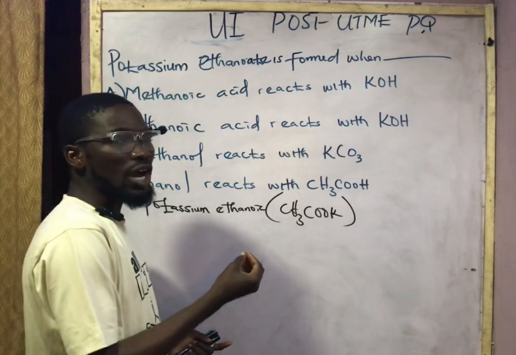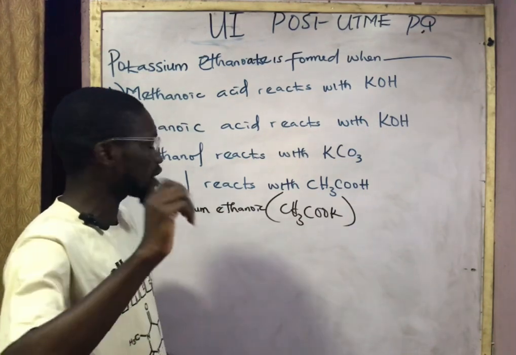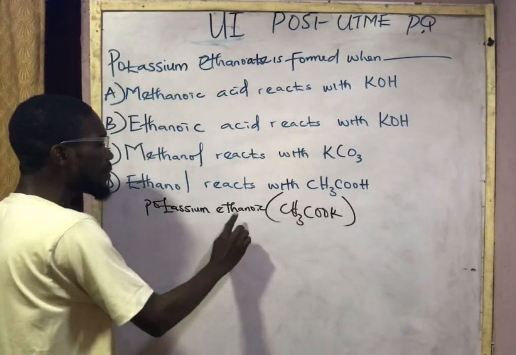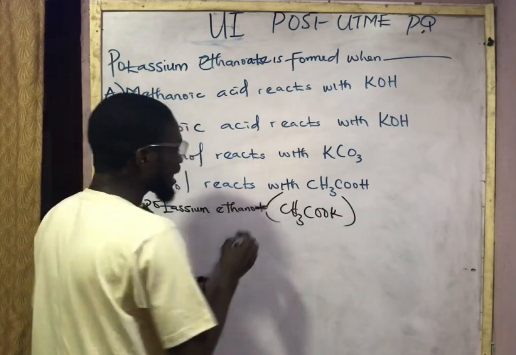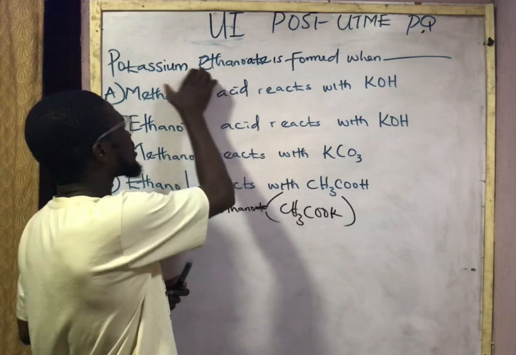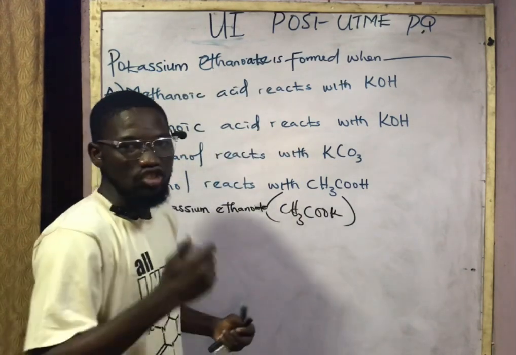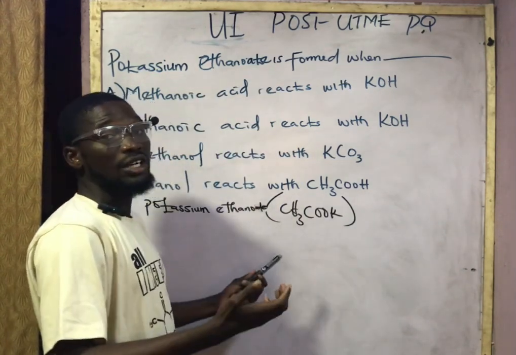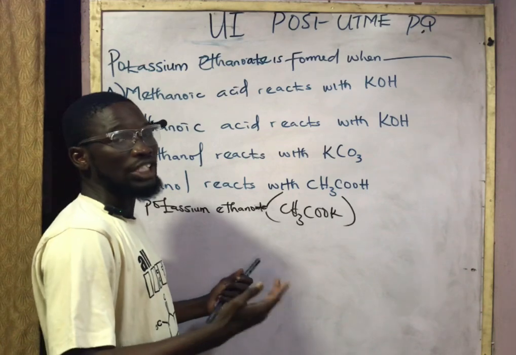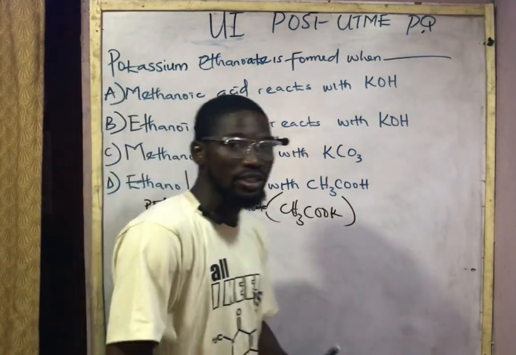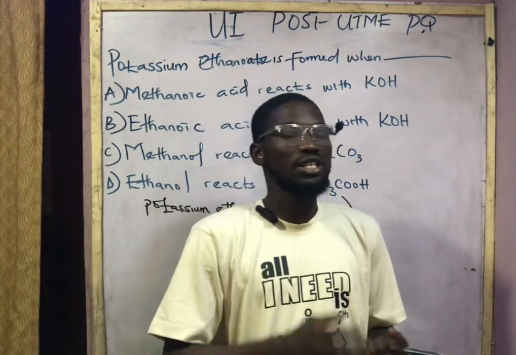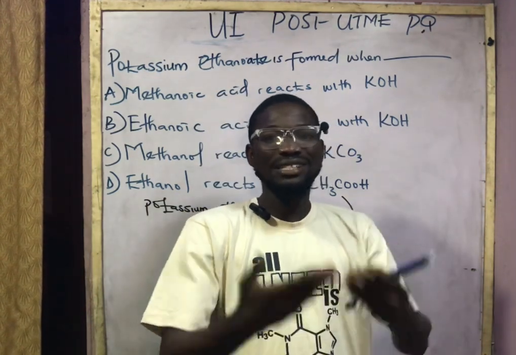Now, how do we solve this kind of question? Note one thing: potassium ethanoate is this, and here is the structural formula, or the molecular formula, of potassium ethanoate. The first thing you need to know is that when we are talking about this potassium ethanoate, let's look at it as a science student.